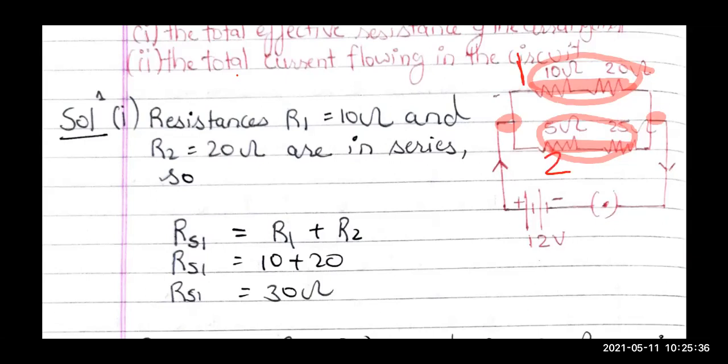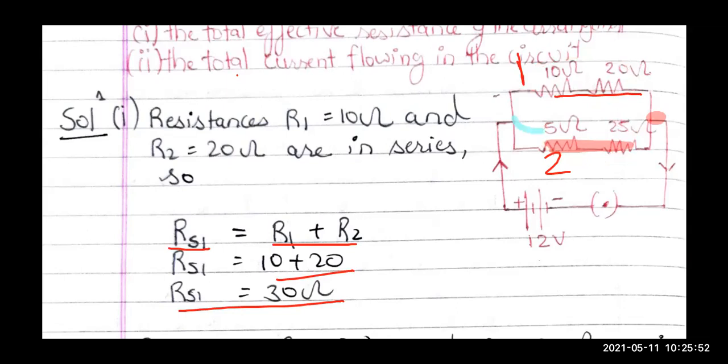For the first branch I can write Rs1 equals R1 plus R2, that is 10 plus 20. So Rs1 is 30. Can I replace this branch with a single resistor like this and write 30 ohm here? Yes, because the resultant is 10 plus 20, which is 30.